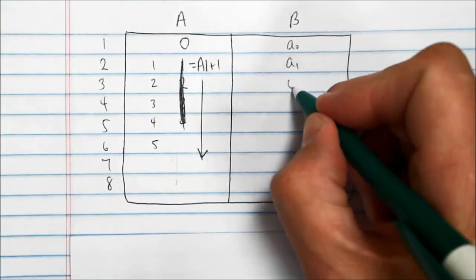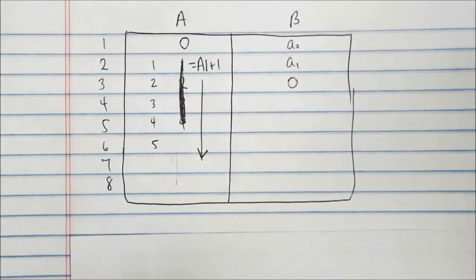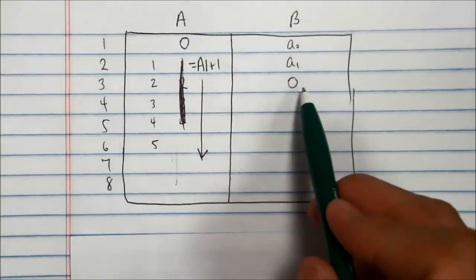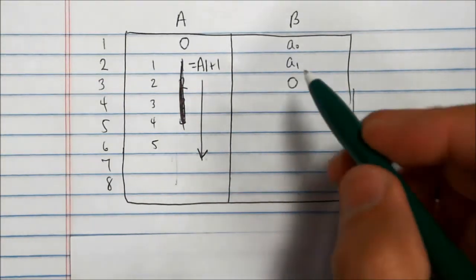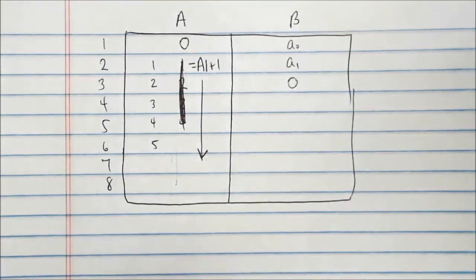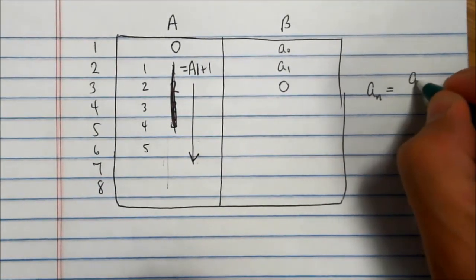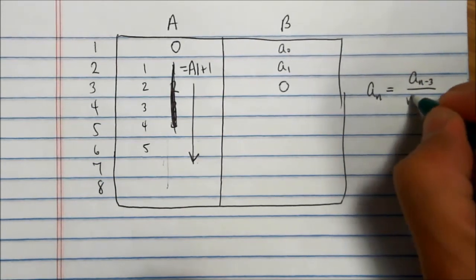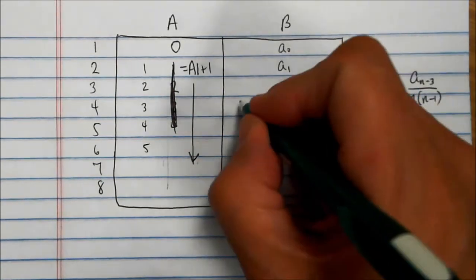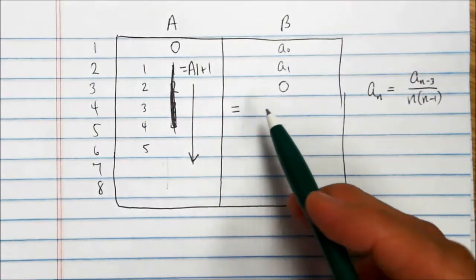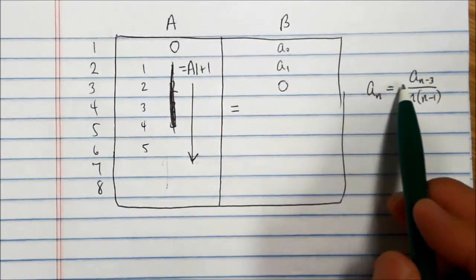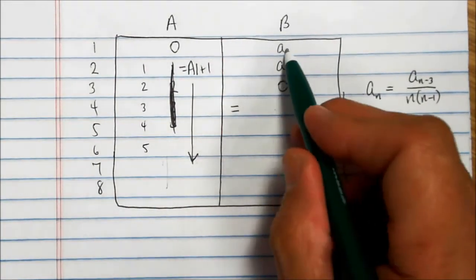A sub 2 we found to be 0 in the recurrence relation from the constant terms, so there's going to be a 0 here. Then after that, the relationship was that a sub n was equal to a sub n minus 3 over n times n minus 1. So to make that happen in Excel, this is going to be equal to a sub n minus 3. That means the term that's 3 back.